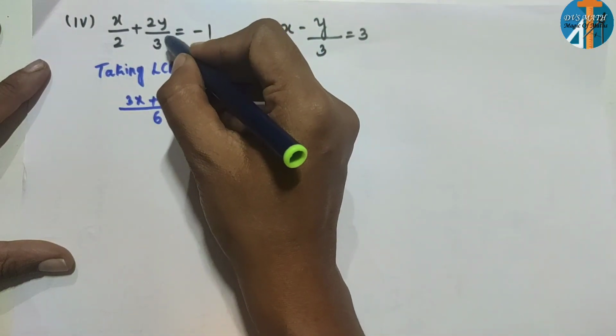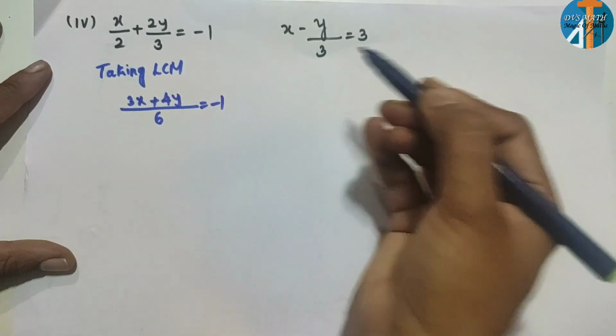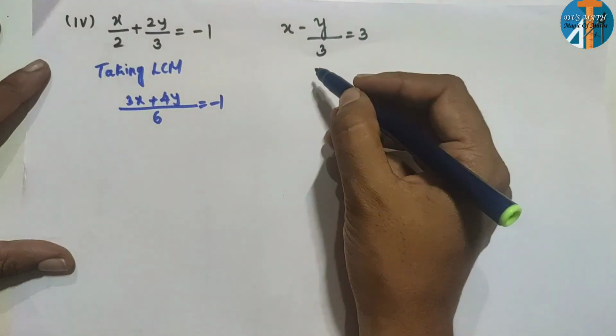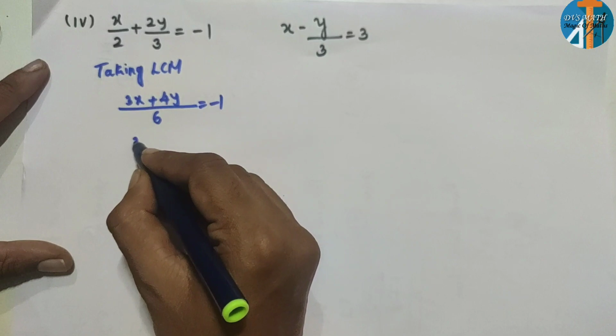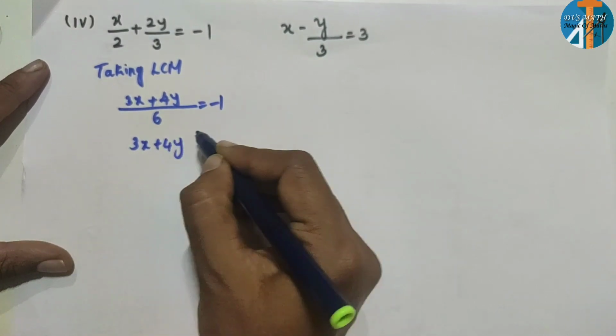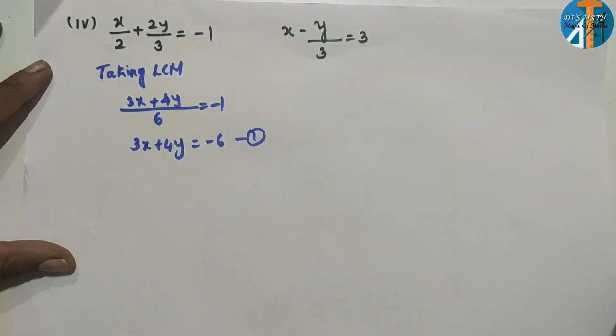Plus, if you multiply 6 here, 3 1s are 3, 2 2s are 4y is equal to minus 1. Then if you cross multiply 6, 3x plus 4y will be as it is. 6 into minus 1, it is minus 6. Now you got equation 1.